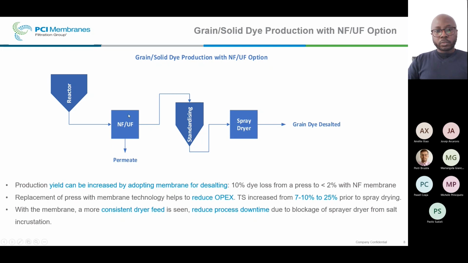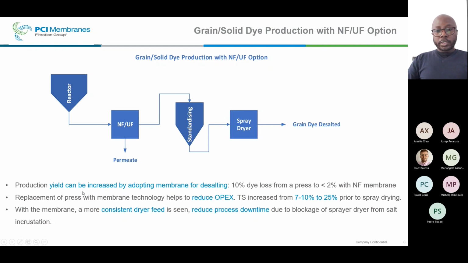So if this is replaced with the membrane technology, we are able to reduce the operating cost, and also we are able to reduce the size of the spray dryer, by significantly concentrating the dye at the start to 25% and then forwarding this to the spray dryer.